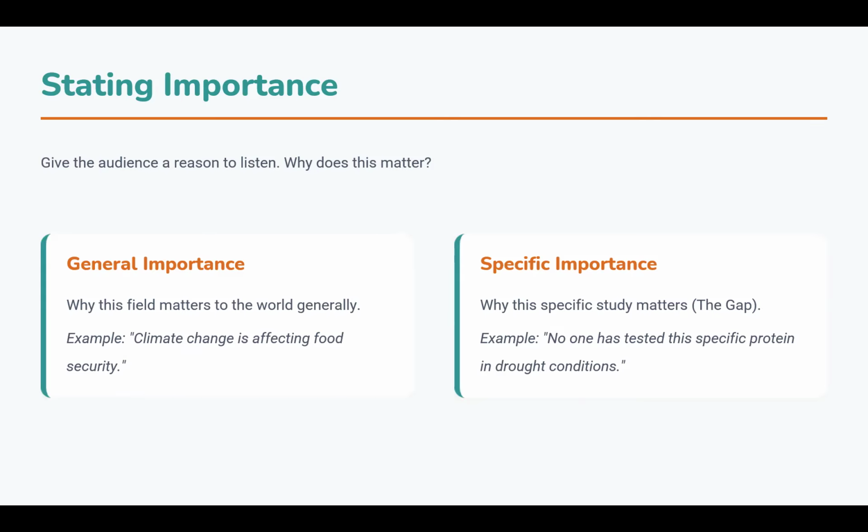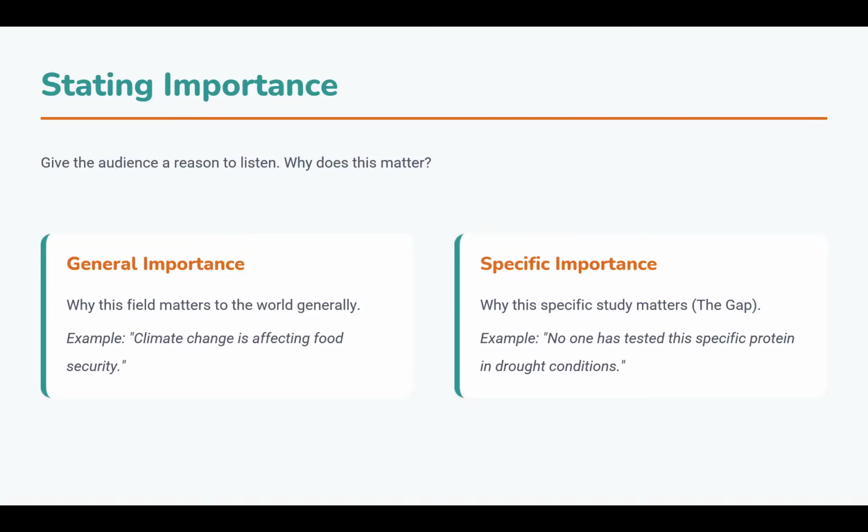Generally, you have to say, this field matters to the world generally because of this. Say, for example, you will start with climate change affecting food security. And you can then jump to the specific importance: how no one has tested this specific protein in drought conditions. Now see, food security is a concern relevant for everyone.